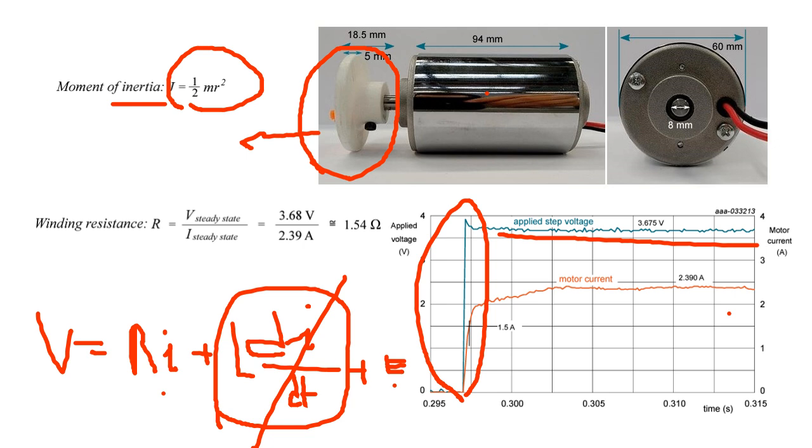You measure a current at steady state of 2.39. If you want to measure your R value, V over I with classical Kirchhoff law gives 1.54 ohm, my motor resistance value.